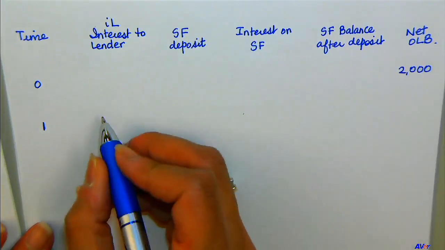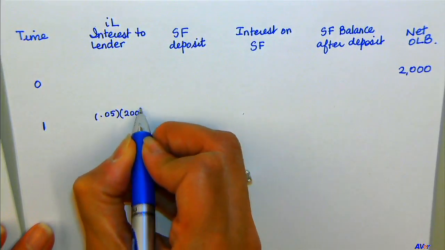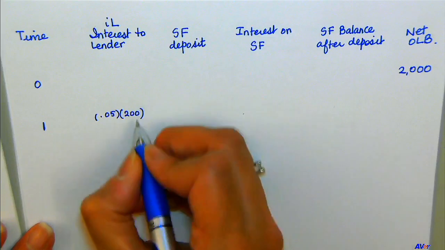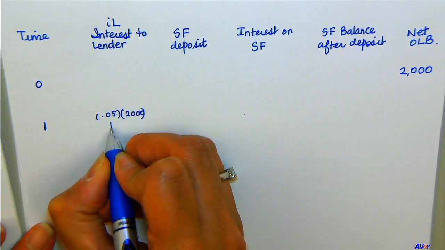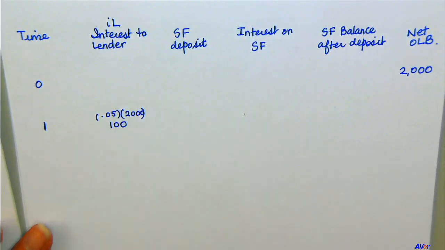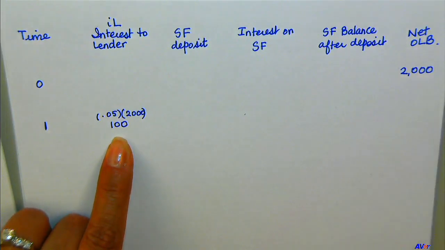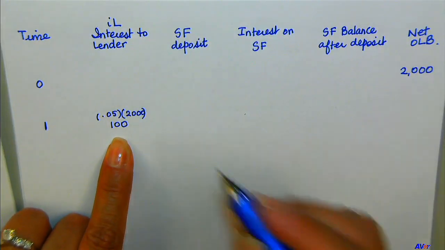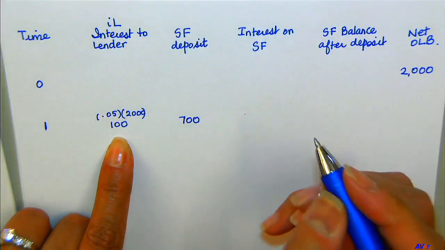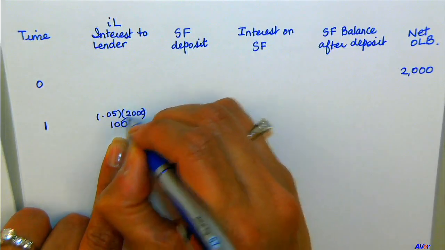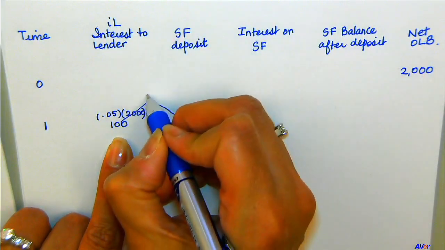So here, 2,000 times 0.05, that's my I times L. How much is that? $100. Thanks. I times L, 100. Now it tells me that a total payment of $800 is made at time one. So I only have $700 left to put into my sinking fund. So these two add up to the total payment, which is $800.